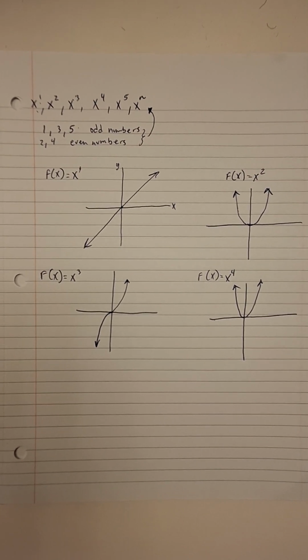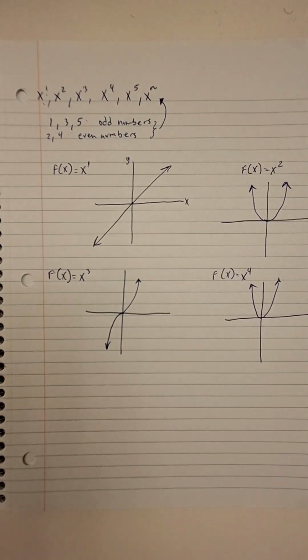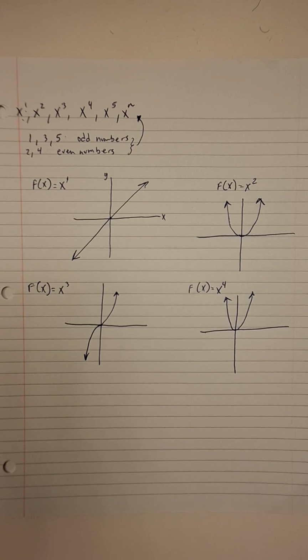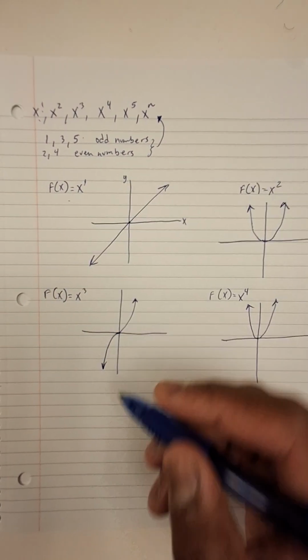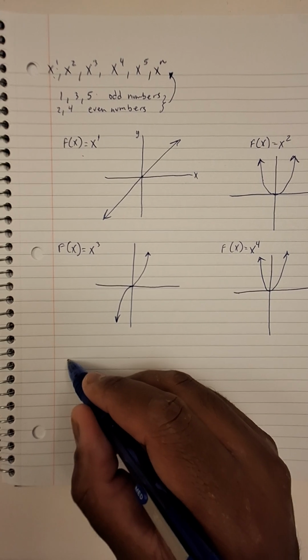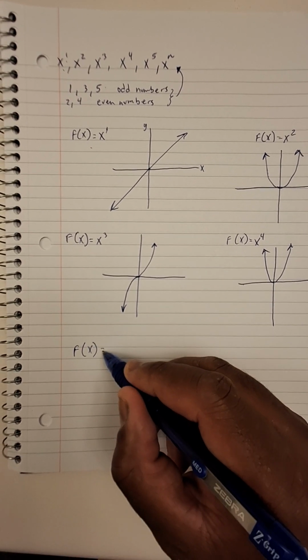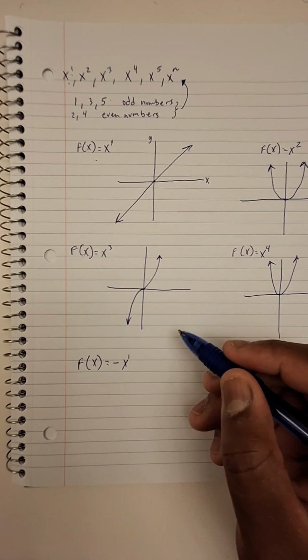Now, what if there's a negative? What if each function is multiplied by a negative multiplier? Let's say now f(x), the linear function, is actually negative x to the 1st power.